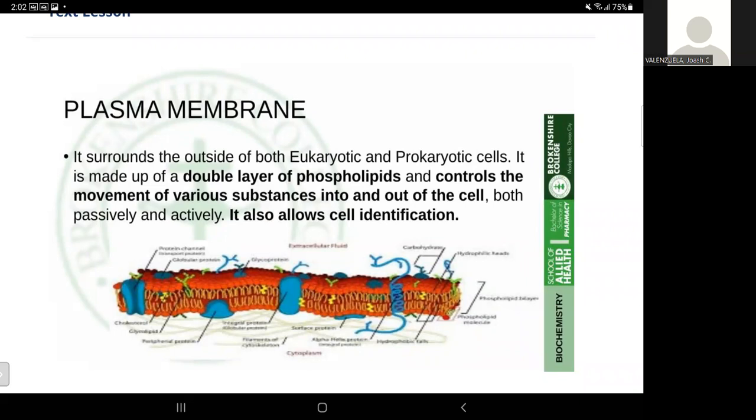Okay. Again, under this, we're under plasma membrane, no? Talking about plasma membrane.